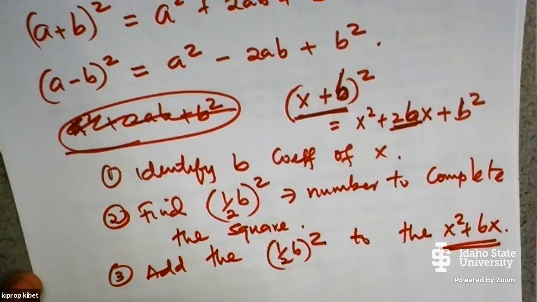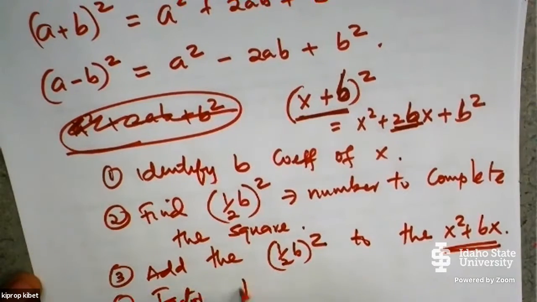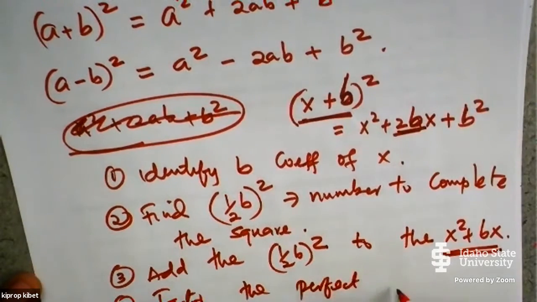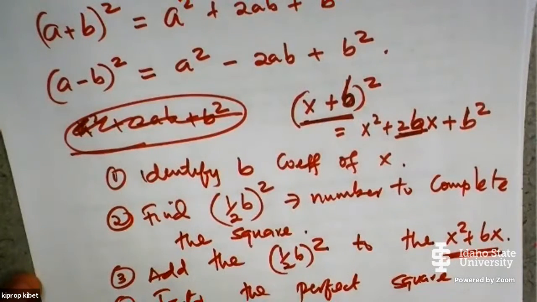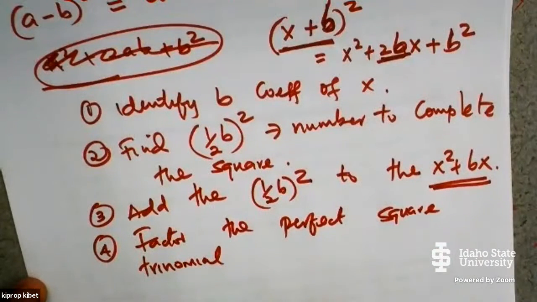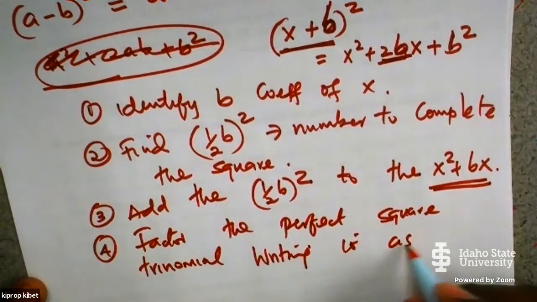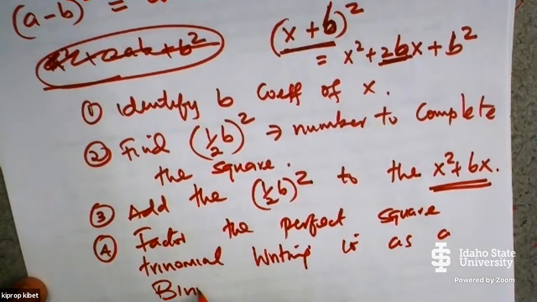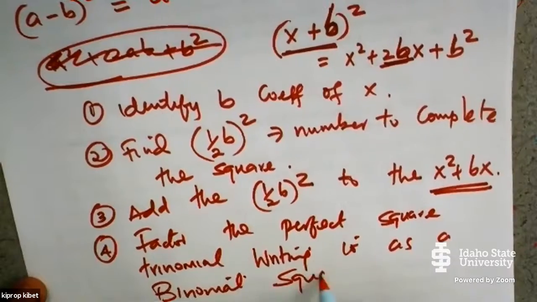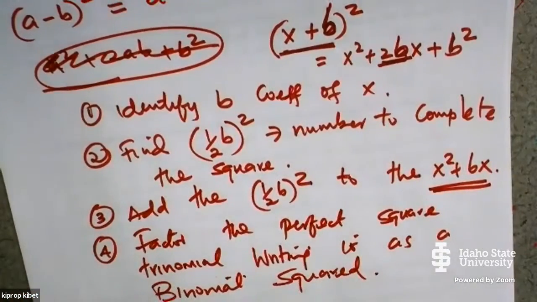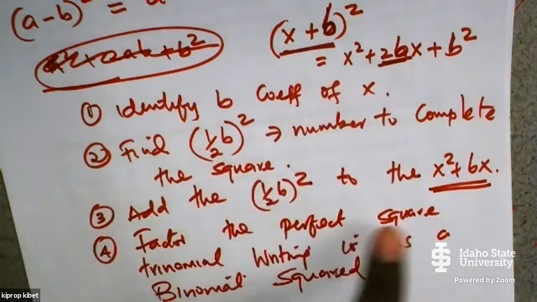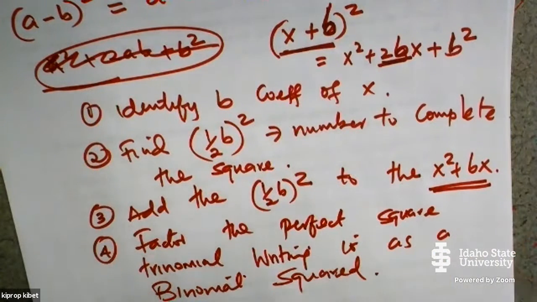And then finally, number 4, factor the perfect square trinomial, writing it as a binomial squared. The trinomial is what you got by adding to x squared plus bx, so there are 3 terms.